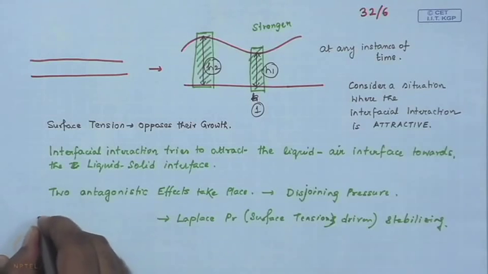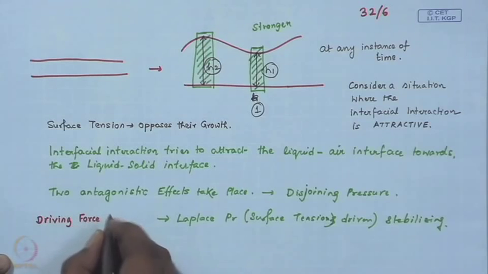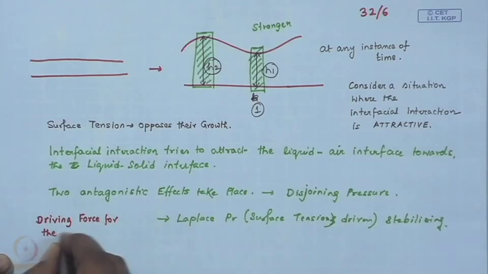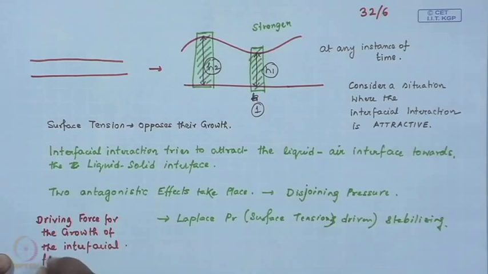So, now unlike a macroscopic situation where you have the thermal fluctuations, but there is no mechanism for their growth, here for the first time in a thin film where there is active interfacial interaction between the two interfaces and the nature of the interaction is attractive, we see that there is a driving force for growth of the interfacial fluctuations.